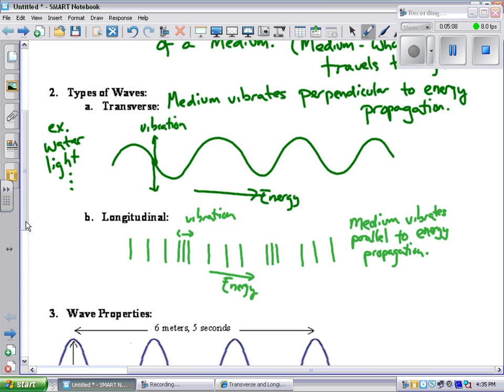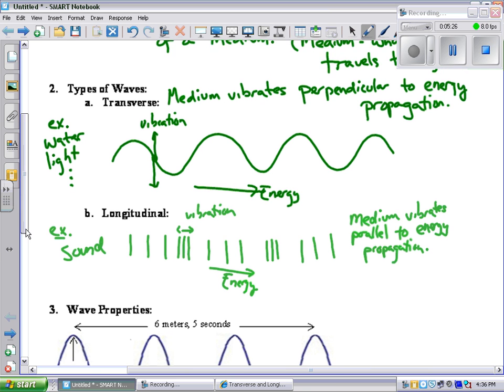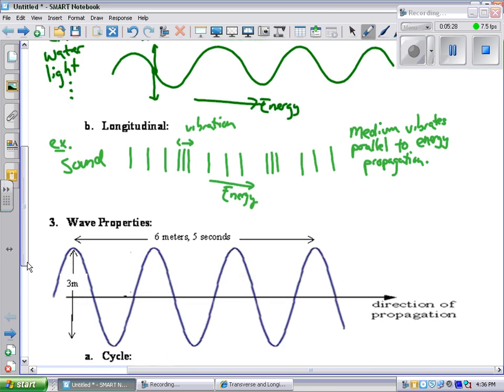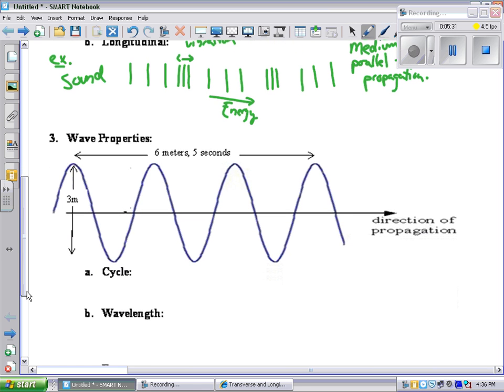And our example for this, if you took a slinky and pulled it back and let go of it, it would do that. But the one that's important is sound. Sound waves are the air molecules vibrating back and forth parallel to the direction that the sound energy is being transmitted.